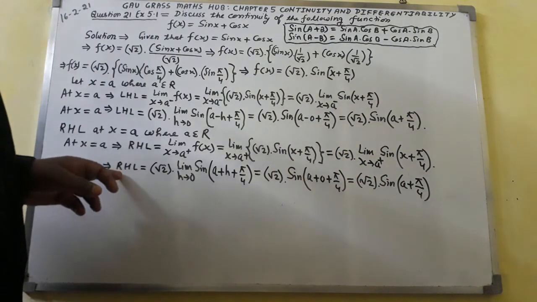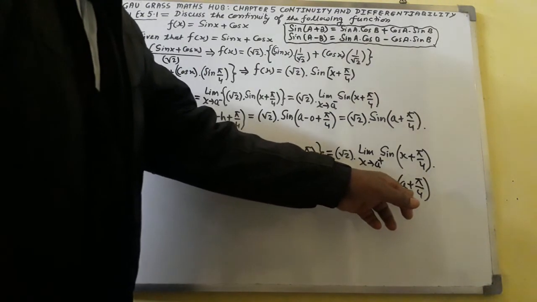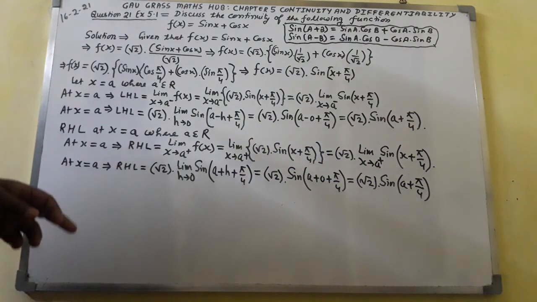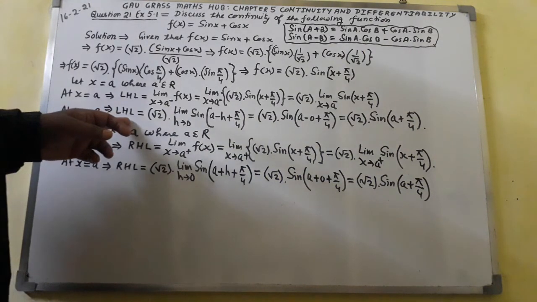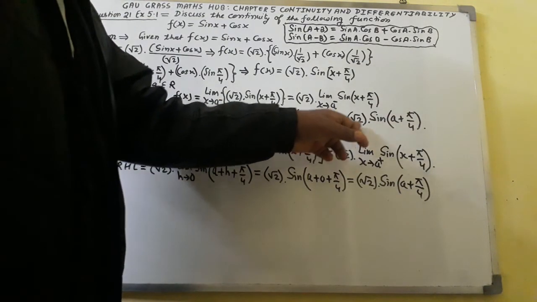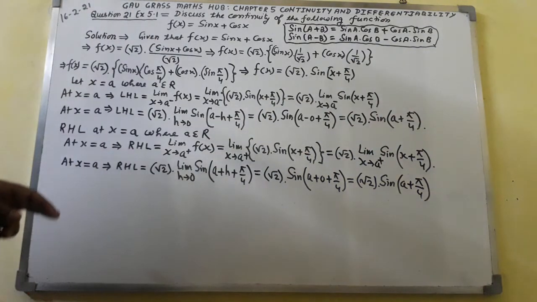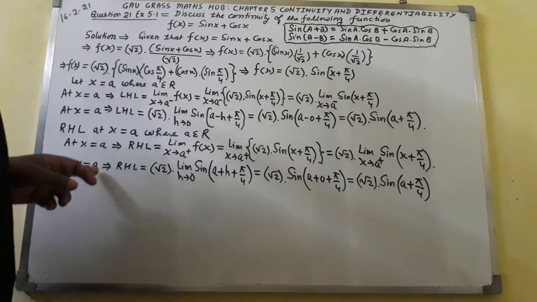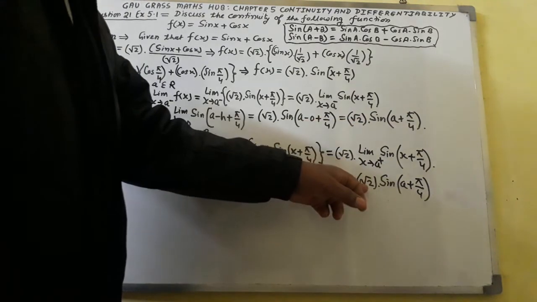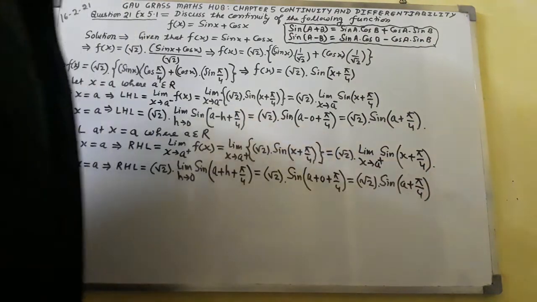At x equal to a, right hand limit equal to under root 2 dot sin a plus pi by 4 you have got. So here you can see left hand limit at x equal to a comes out to be under root 2 dot sin a plus pi by 4, and also at x equal to a right hand limit comes out to be under root 2 dot sin a plus pi by 4 bracket close.